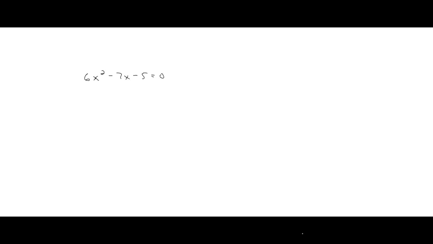Okay, moving over to a whiteboard, we see that we have this 6x squared minus 7x minus 5 set equal to 0. And so we can go ahead and just apply the AC method again, or you could use the quadratic formula. I'll have my A times my C, which is equal to -30.